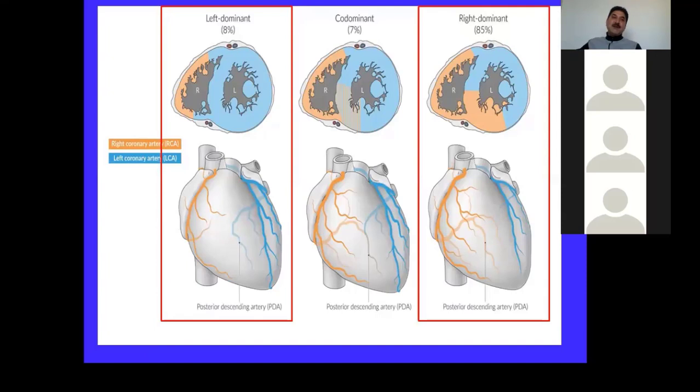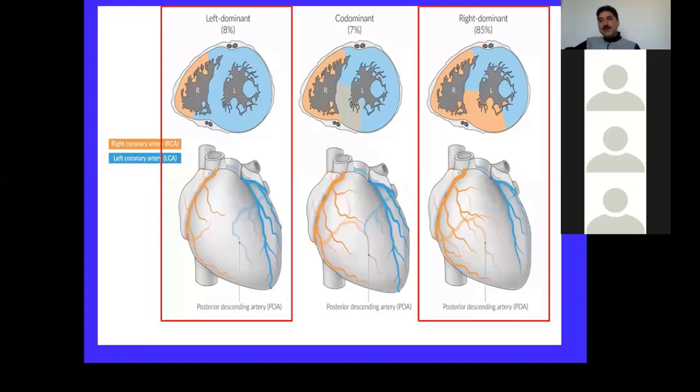So whole of the septum is supplied by the which coronary artery? Left coronary artery. Is it clear to you? Yes, sir. So in case of codominance, then posterior 1/3 of the septum, as shown in this diagram, will be supplied both by right and left coronary artery.